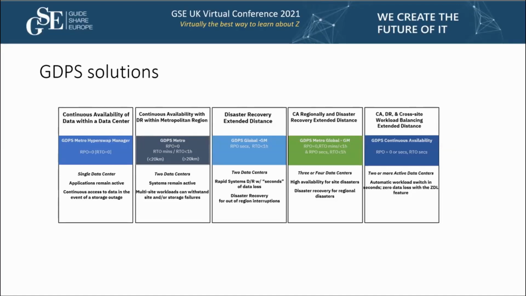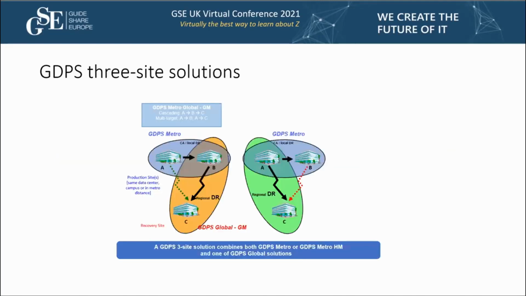So this replication is asynchronous because of distance, but it supports a zero data loss feature where GDPS continuous availability introduces an extra layer of synchronous replication in order to offer zero data loss. So we'll not go into details in this presentation, but it's good to have the full picture before going into the detail of the interface.